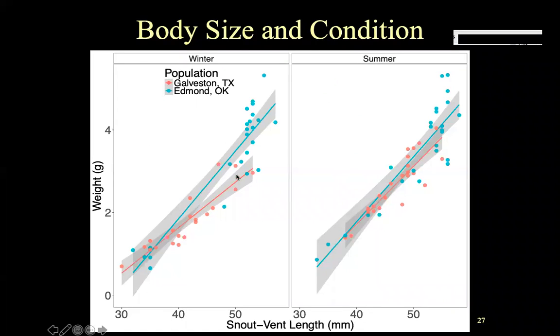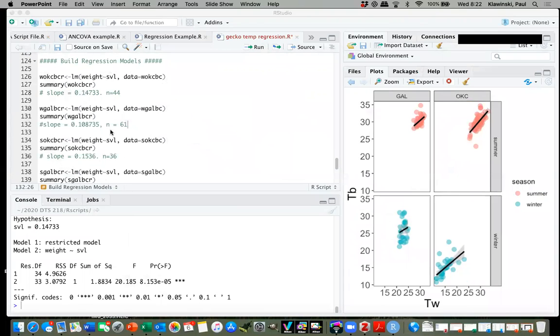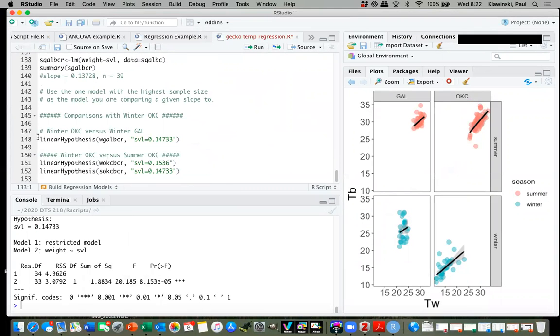Those two slopes look different to the eyeball, and when we test them, they are different because the winter Oklahoma City data has a steeper slope than the Galveston data. And that is what we just verified quantitatively by comparing the slope generated by the Galveston data to the slope we observe from the Oklahoma City data for winter.